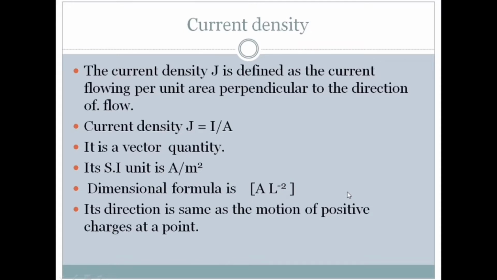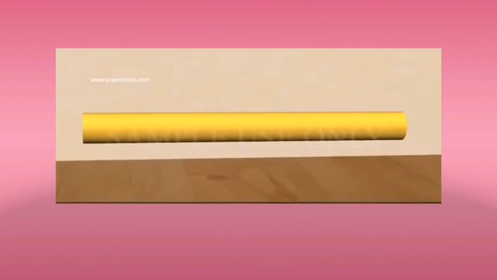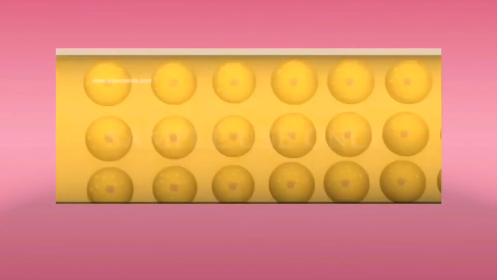As current density is a vector quantity, its direction is the same as the motion of positive charge at a point. We know that a metal consists of a large number of free electrons and fixed positive ions.